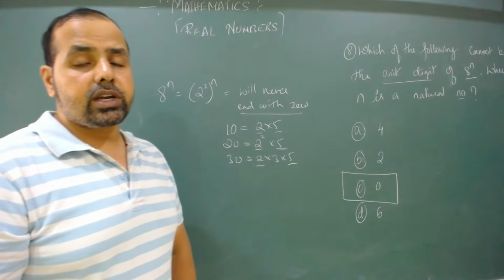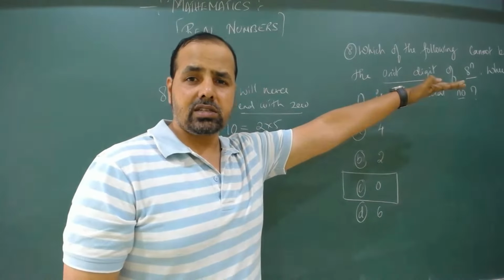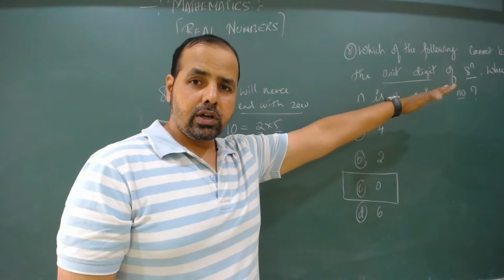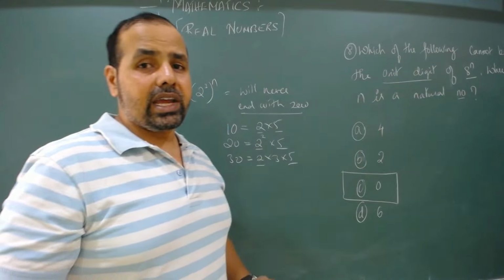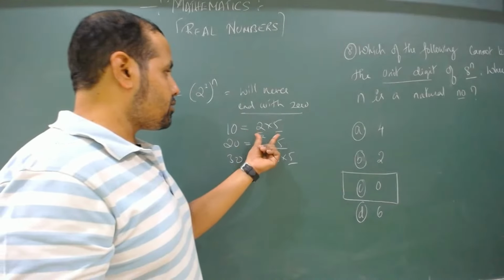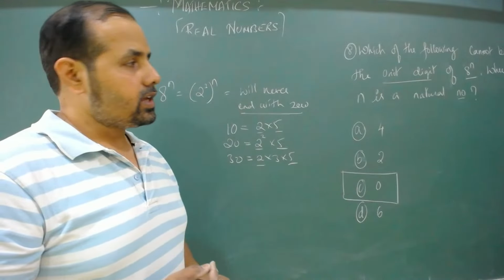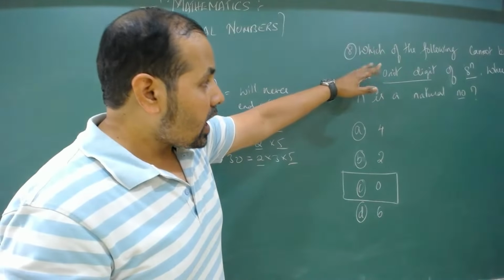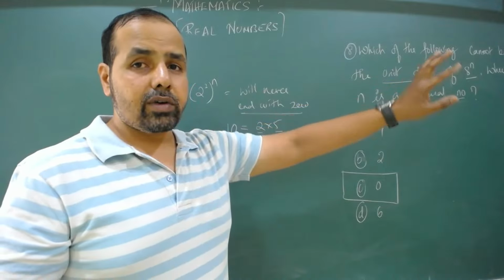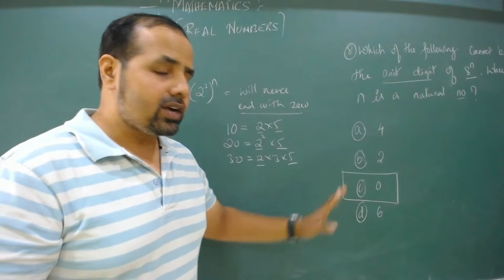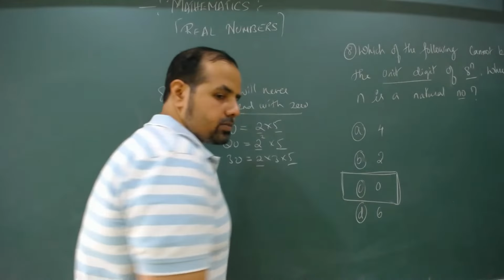This is your basics of prime factorization. Any number to end with 0, its prime factors should always contain 2 and 5. 8 does not have 5, therefore it will not end with 0. So according to this question, a number a to the power n, where n is any natural number, will never end with a digit 0. Please make a note.